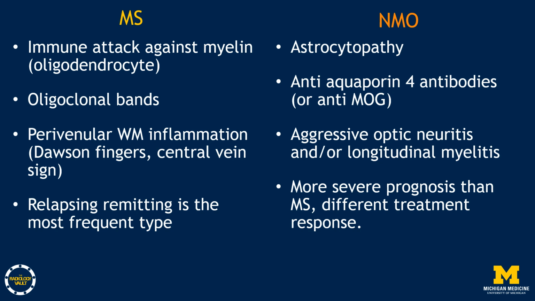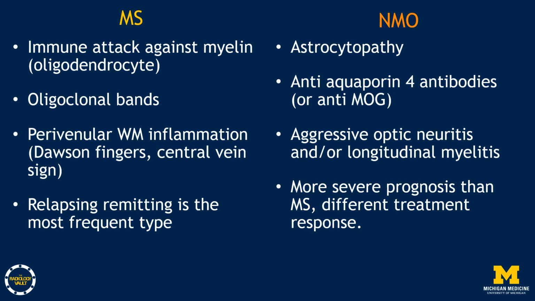MS is characterized by the presence of oligoclonal bands that indicate intrathecal production of antibodies, while in NMO, there are characteristic antibodies, most commonly anti-aquaporin 4 or anti-MOG, that are part of the diagnostic criteria of the disease.